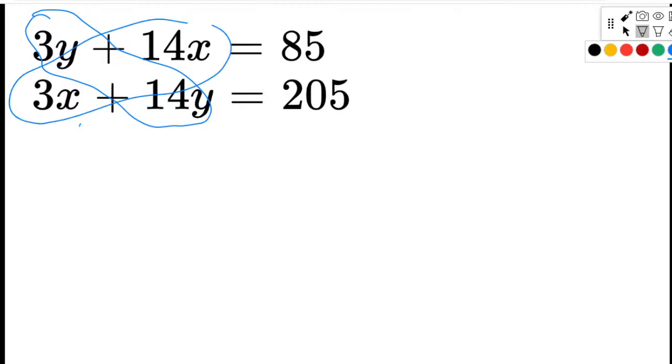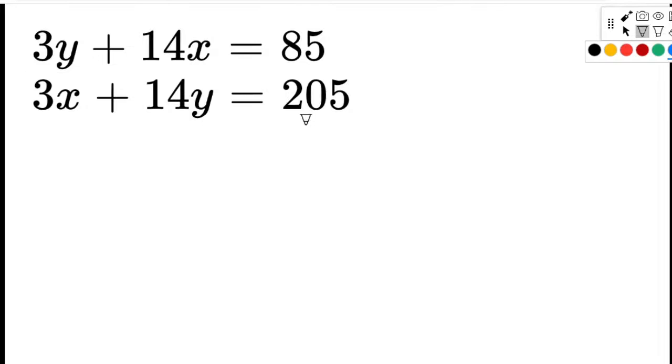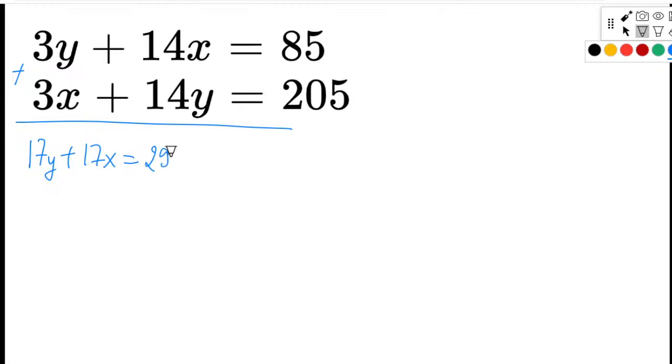I just sum them. I just do plus, and I get what? 17y plus 17x equals 205 plus 85. It makes 209. No, 290.